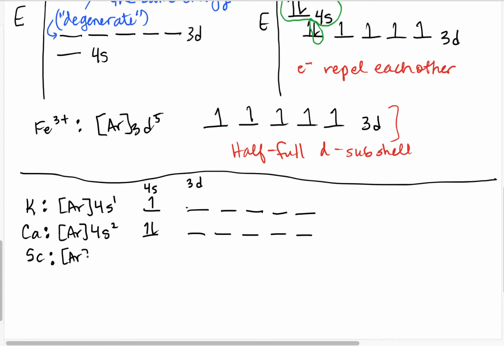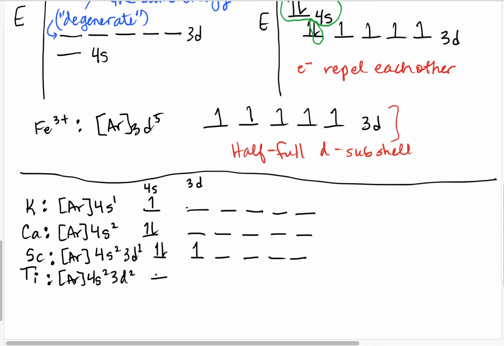These will all have the argon core, and then we will have 1 electron in our 3d. And we just routinely put it in the first one. It doesn't really matter, you can put it anywhere you want, because there's just 1. The important thing is that as we start adding more electrons into that d orbital, we don't pair them up.